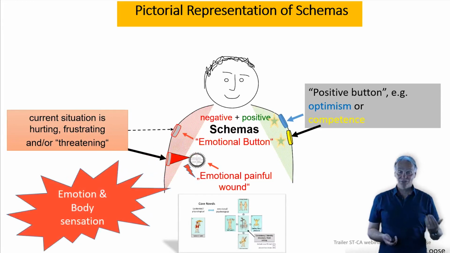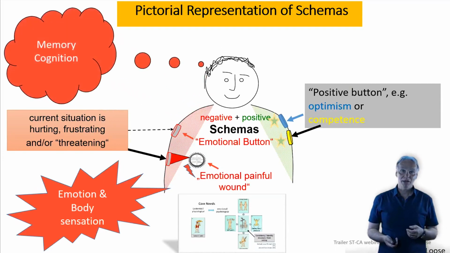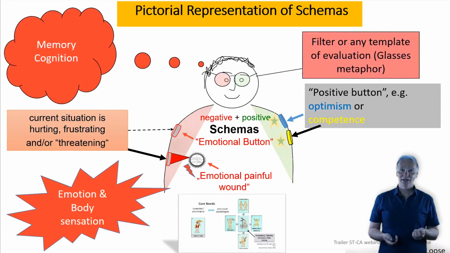When he is triggered, when he comes into a situation that triggers his schema, the emotions pop up and the body responds, of course. He also is reminded of this kind of difficulty in the situation, and he is wearing a kind of glasses. This is our metaphor.